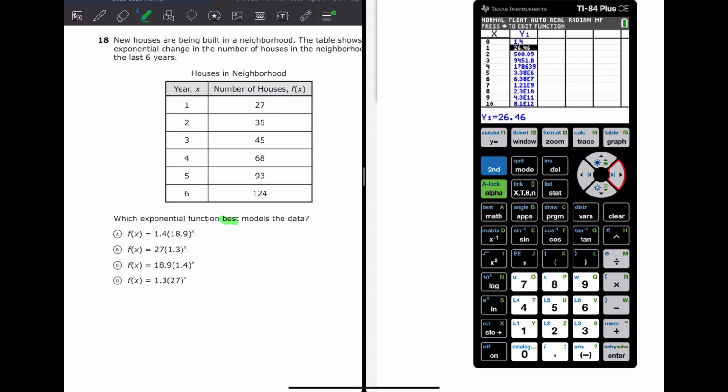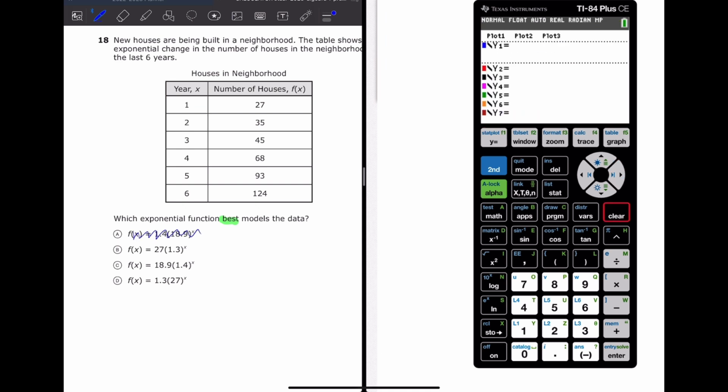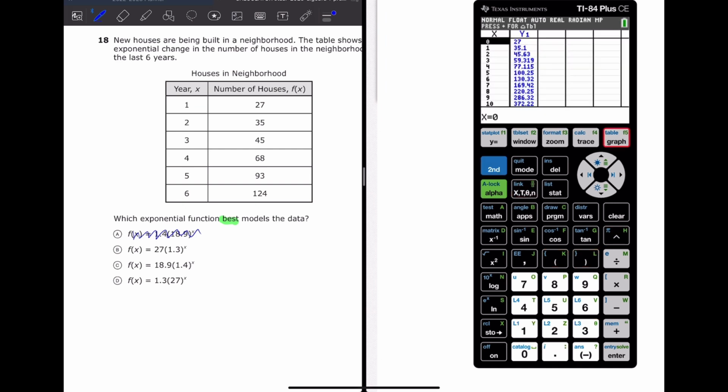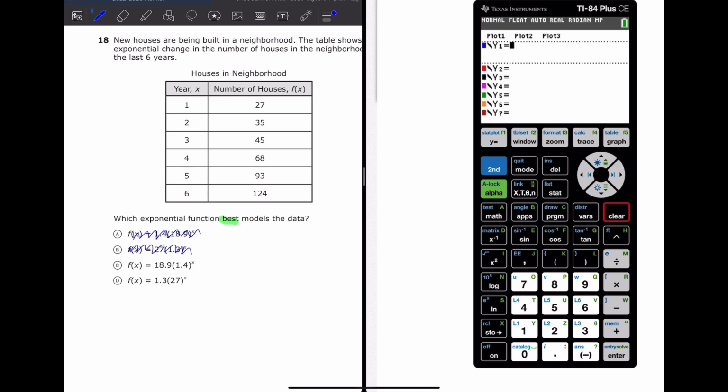I'm comparing 1 to 27, and I got 126.46, and 2 to 35, but on the table I have 2 and 509, or 500.09. Trying the next one. $135, nope. Next one.